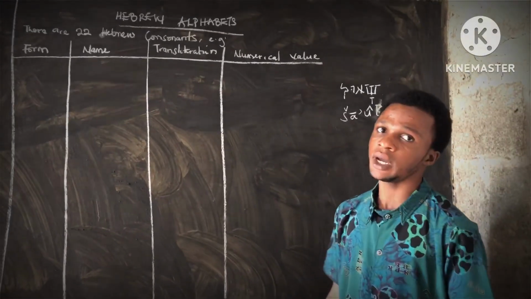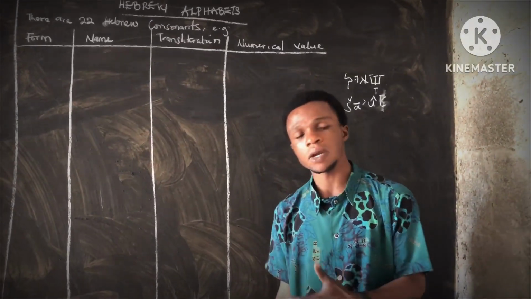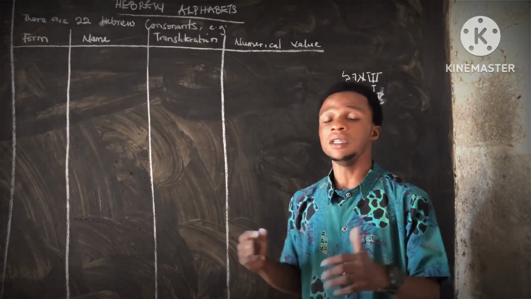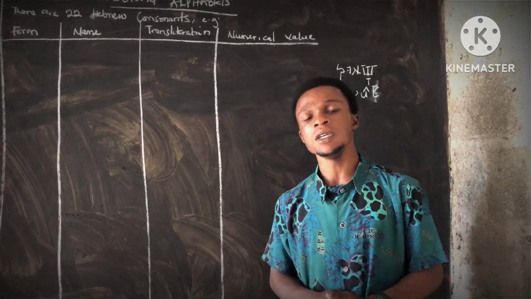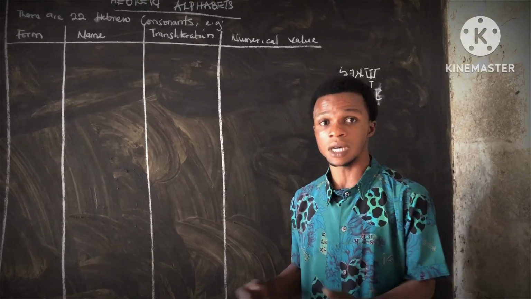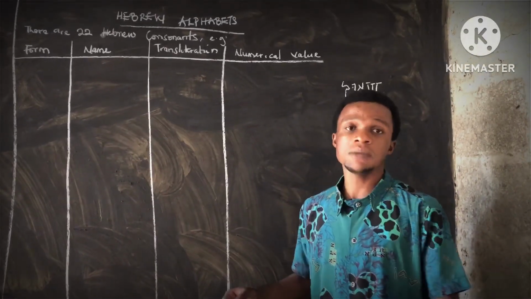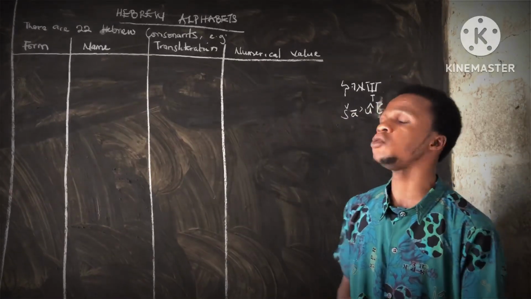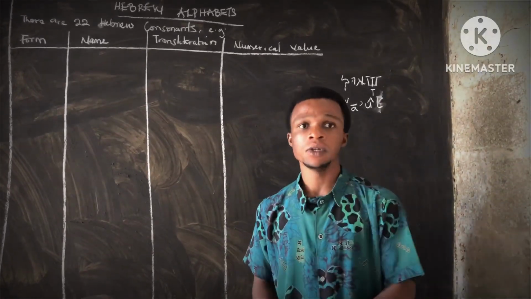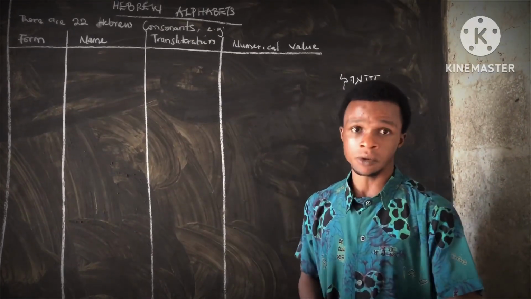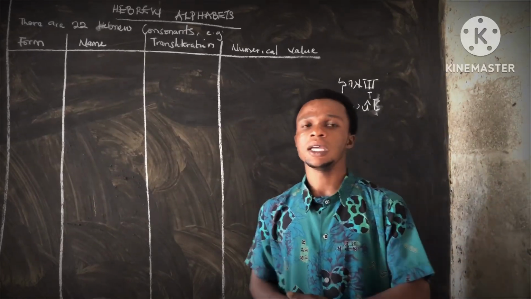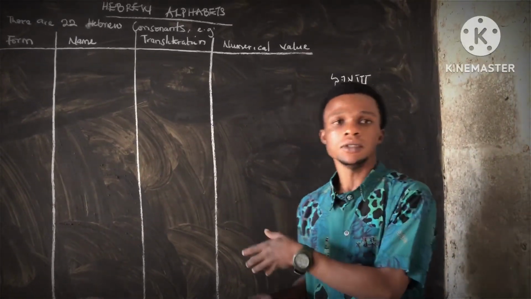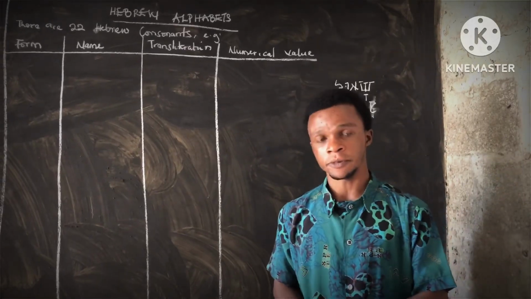But basically, we are going to deal mostly with the consonants, because from the original evolvement of the way the Hebrew people wrote their language, there was no addition of vowels. In recent times, scholars have developed the vowels for it.